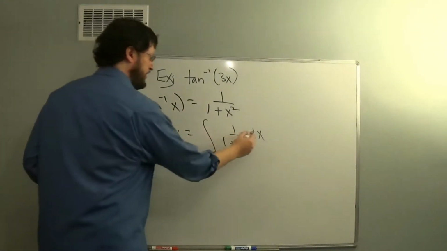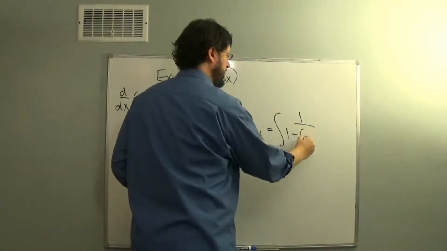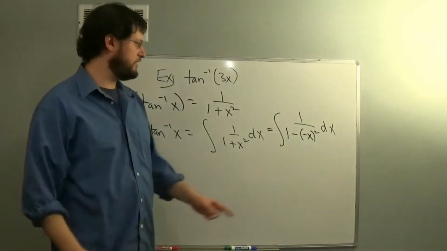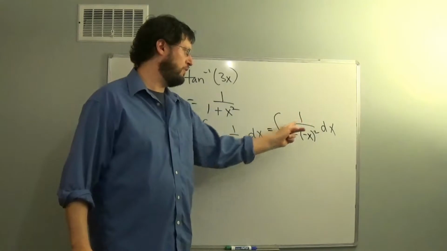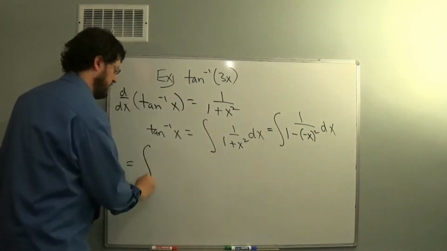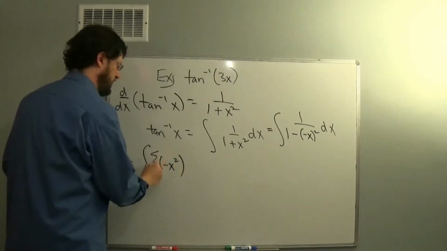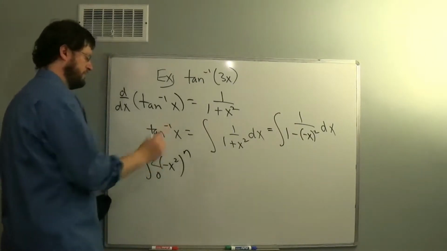So this will be the integral of 1 over 1 minus negative x squared, so that we can turn this into something like 1 over 1 minus x. But if it's 1 over 1 minus something, then that is the sum of something to the n, x to the n, from 0 to infinity.